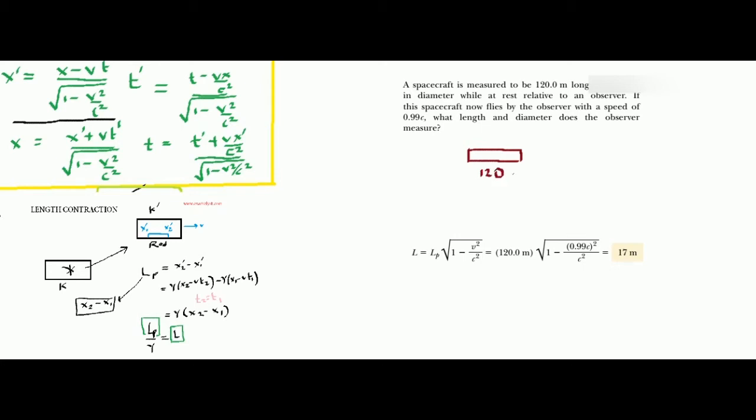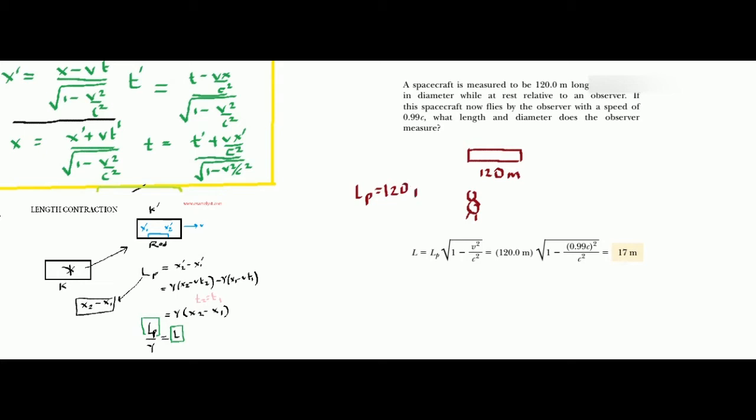It means this is the length calculated by the stationary observer. So this is the proper length. Agreed? So you are given the proper length as 120 meters.